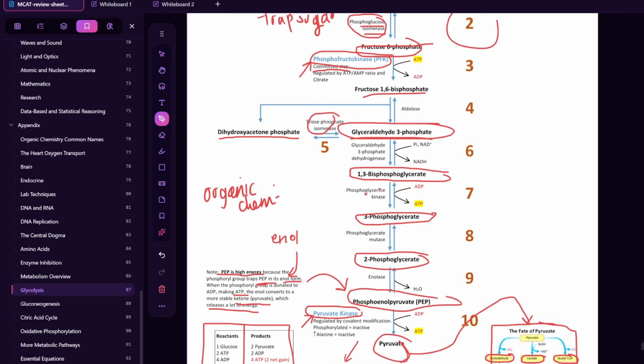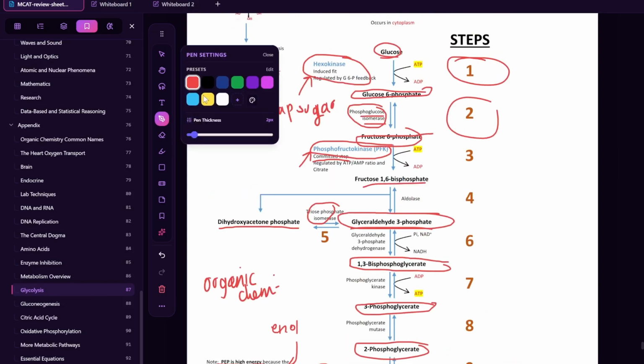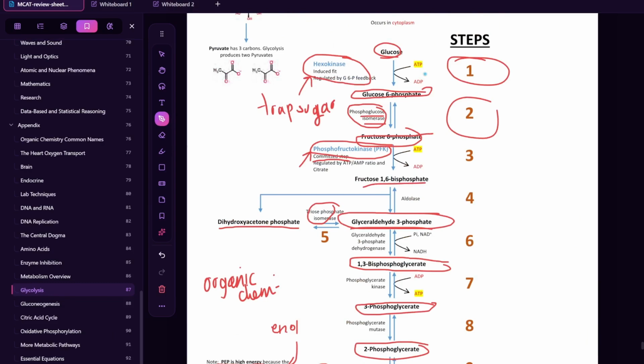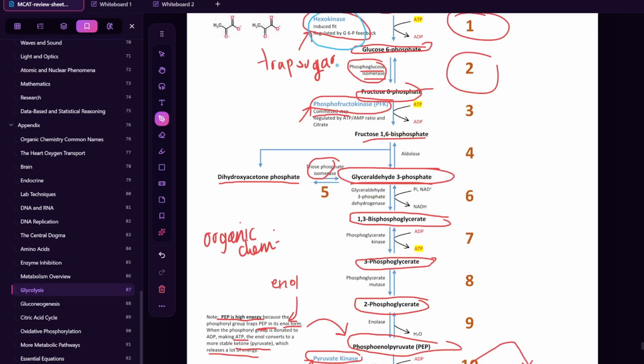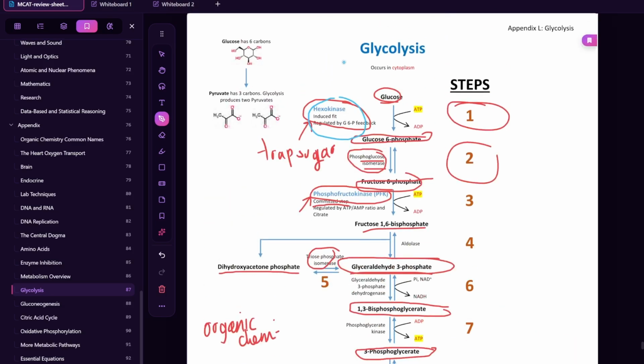So in the first half, glucokinase and hexokinase are both irreversible. What I wanted to show is that they're both able to convert glucose to glucose 6-phosphate. The difference is location and personality.